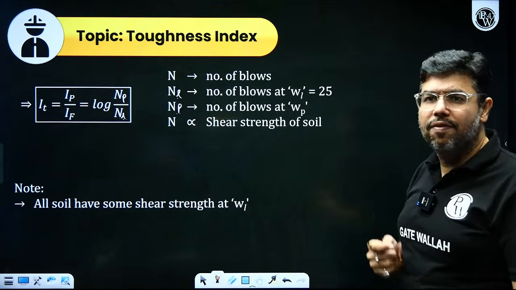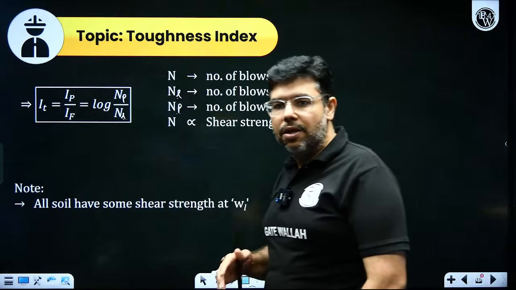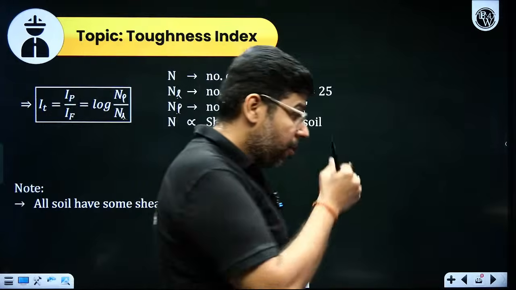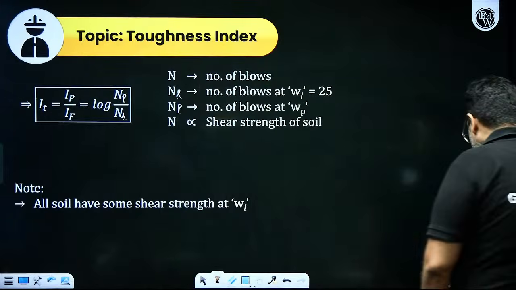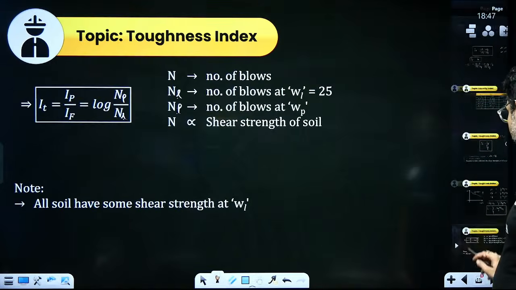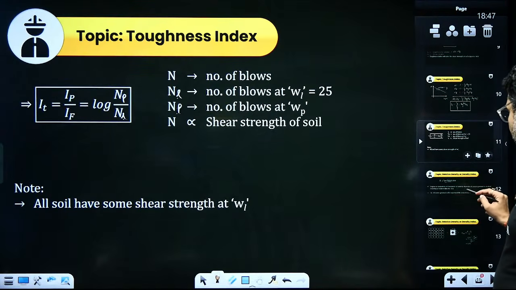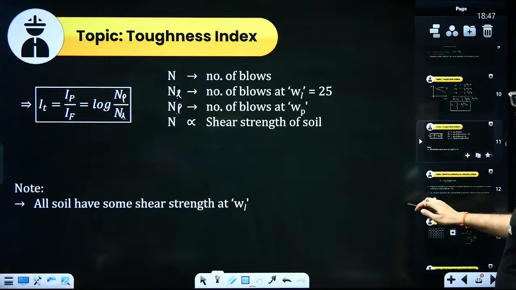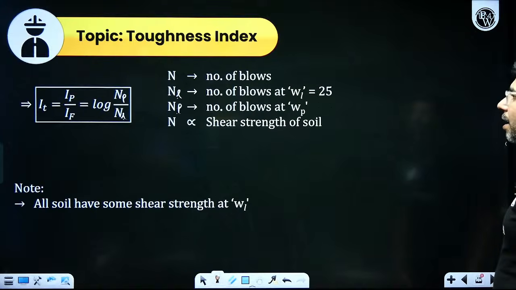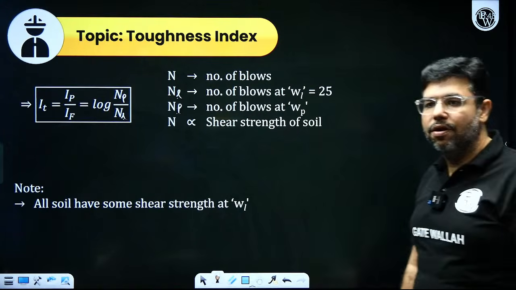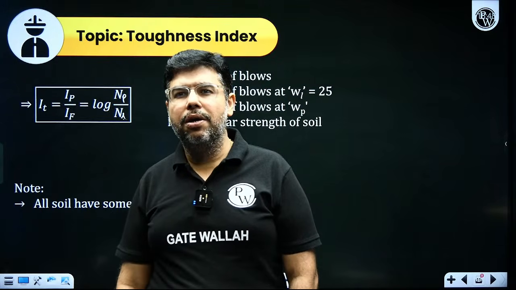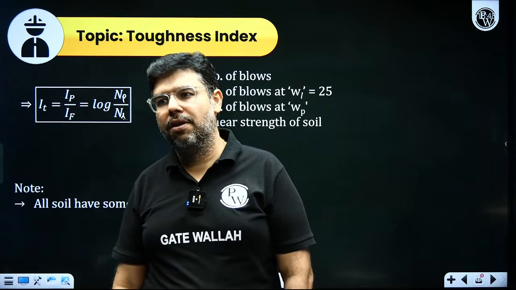But if the value of IT is more, the soil will exhibit more toughness at plastic limit. Got my point? So, IT indicates the strength of soil at plastic limit. The more the value of IT, the more the toughness of soil at plastic limit. Clear?